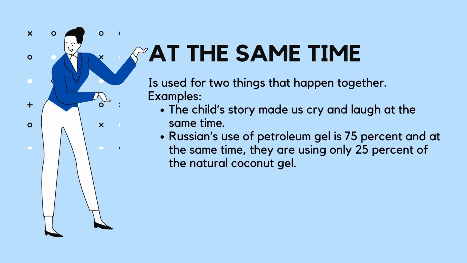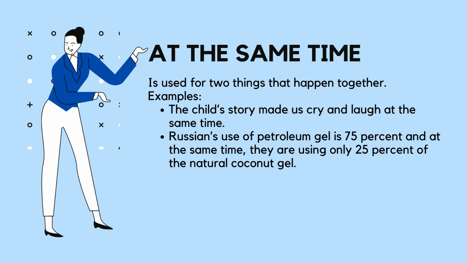Let us see another example. Russians' use of petroleum gel is 75%, and at the same time they are using only 25% of the natural coconut gel.